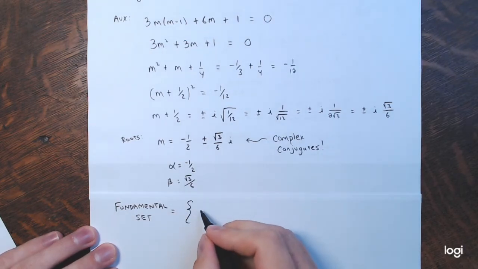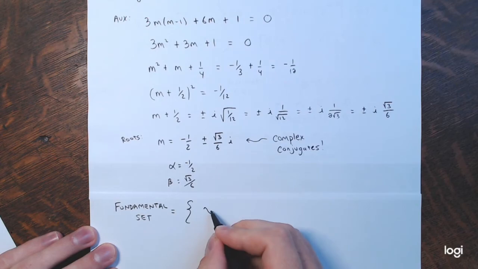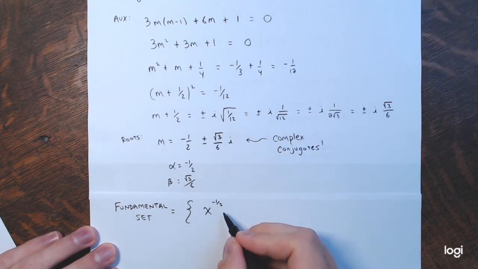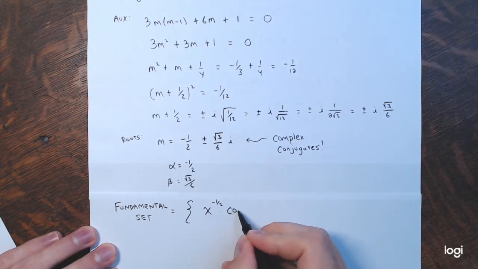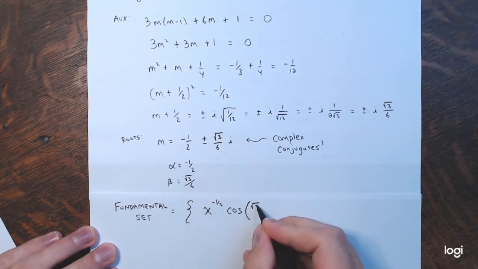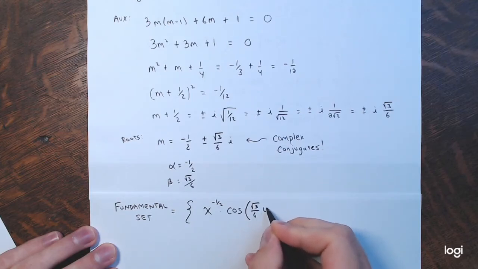So one solution to this equation would be x to the alpha, x to the negative half, times the cosine of beta, square root of 3 over 6, times the natural log of x.